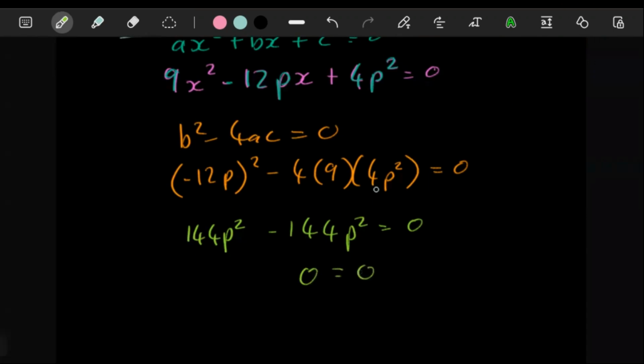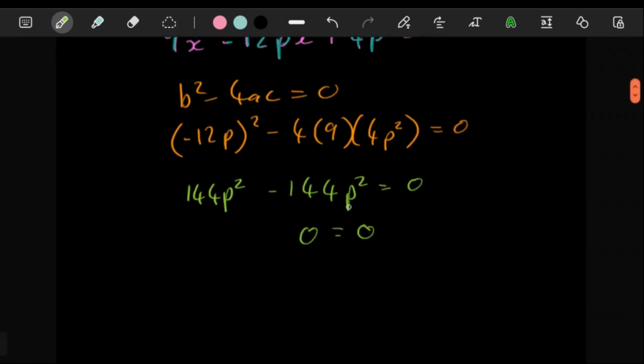Now this statement is definitely true. What this statement is practically saying is that this is 100% fine, because remember, we wanted to work out values of p where this is going to be equal to 0. Now this is telling us that regardless of whatever value of p that you put in, your roots will always be equal.